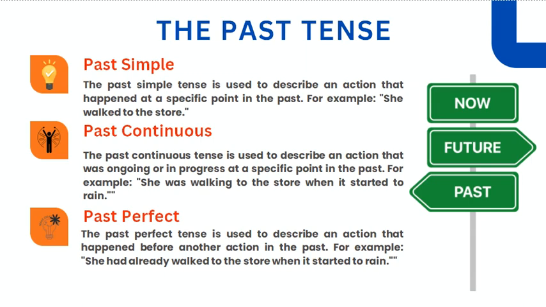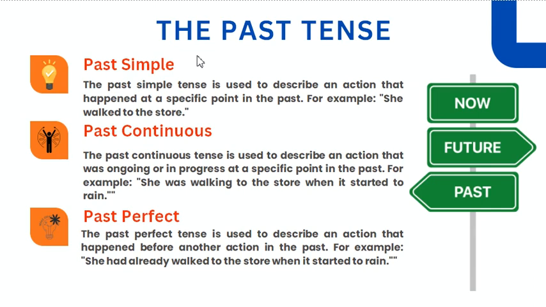Just like we have a simple present, we have a simple past. Present simple means simply to describe a habit in verb one form, the base form of the verb. Every verb in the dictionary you will find in the simple present form.